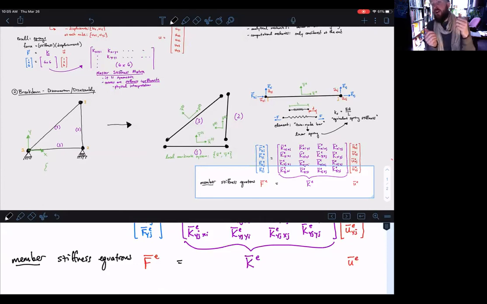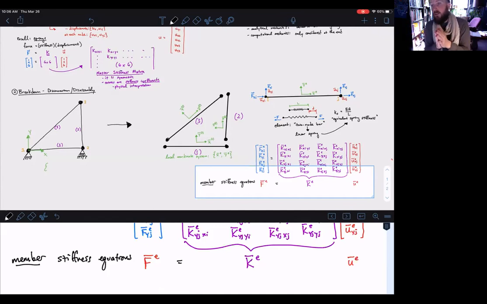We typically either know F and are solving for U, or we know U and we're solving for F. But before we can do that, we need to construct the stiffness matrix K, which is going to be dependent on the particular structure you have. So how are all the members oriented and connected together? What are the entries of that stiffness matrix? Once we have the entries of that stiffness matrix, in principle, we can solve F equals KU.